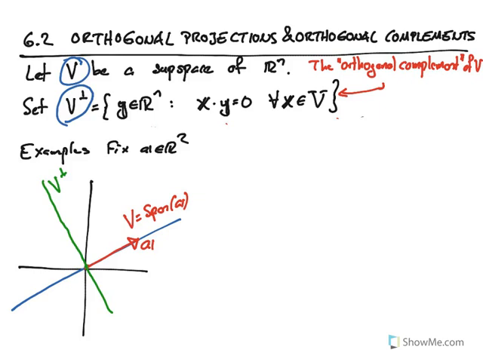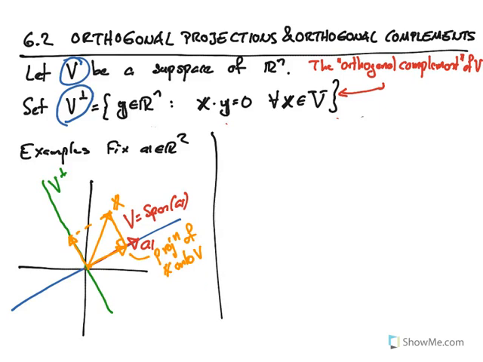The interesting thing here is that if we took some vector x, we could compute its projection onto V. So that is the projection of x onto V. And then there's an analogous projection onto V perp. So this is the figure we've already seen, and we're going to try to generalize this.